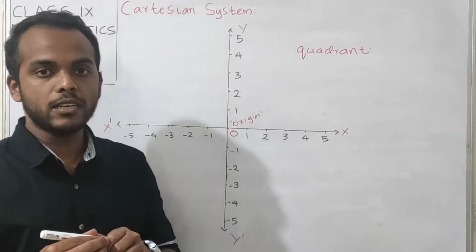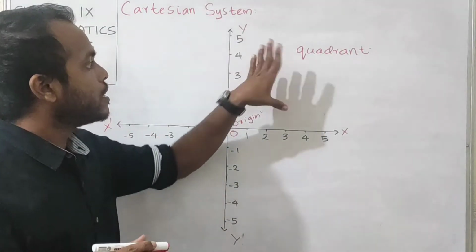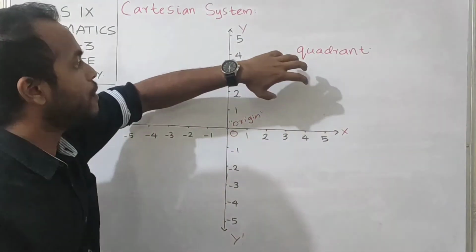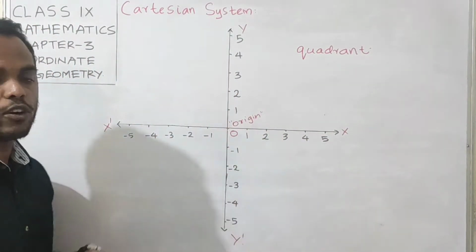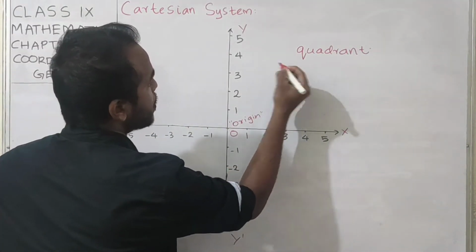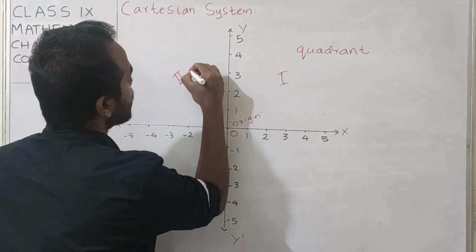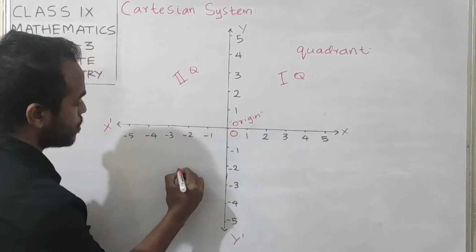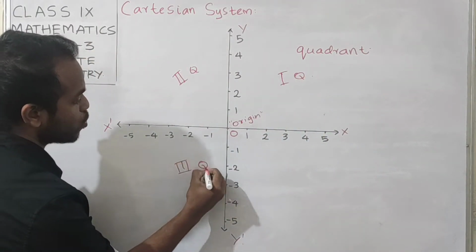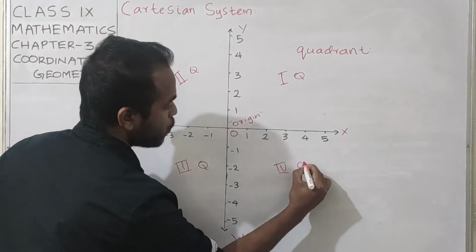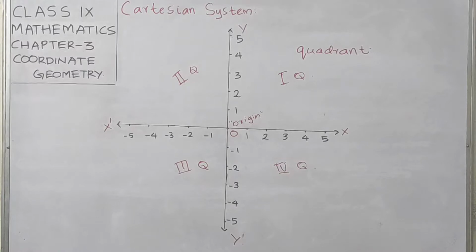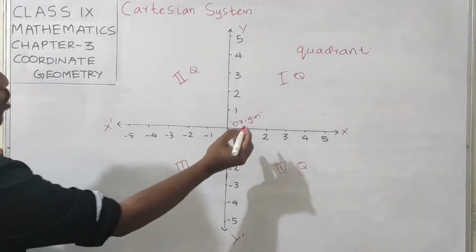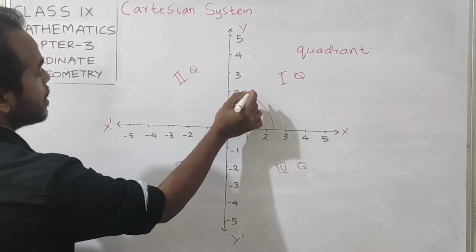These are very basic terms, so understand them now. In order, we call them the first quadrant, second quadrant, third quadrant and fourth quadrant. I am not going to write them completely. The axes divide the whole plane into four equal quadrants, and we have to take them in the anti-clockwise direction. That's why they are given this name.